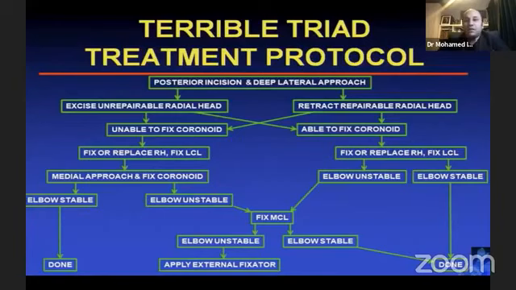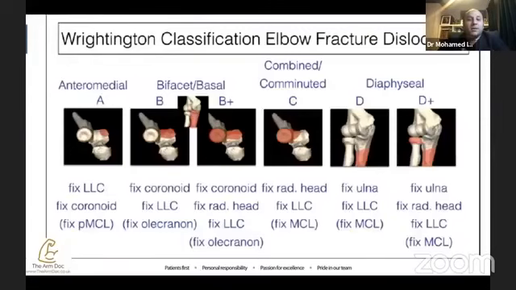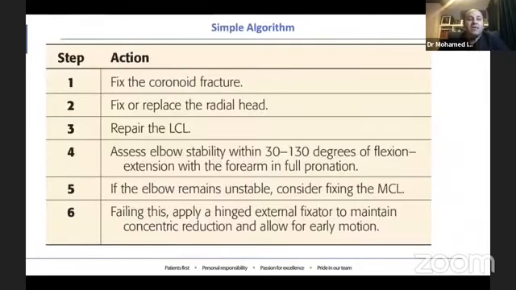There are different algorithms out there about the management of these. This one is published by Adam Watts about managing this type of injury based on the Wrightington classification. However, a simple algorithm I would do: fix the coronoid fracture if you have to, fix or replace the radial head, repair the lateral ulnar collateral ligament, and assess elbow stability within 30 to 130 degrees of flexion extension with the arm in pronation.